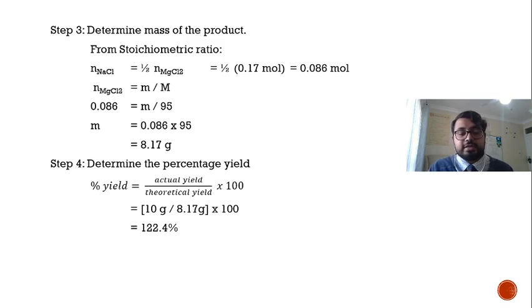If you get an answer in a test or exam that is above 100%, please do not panic. Maybe it was supposed to have been that way, and you might have to answer some supplementary questions on why you have a yield greater than 100%.